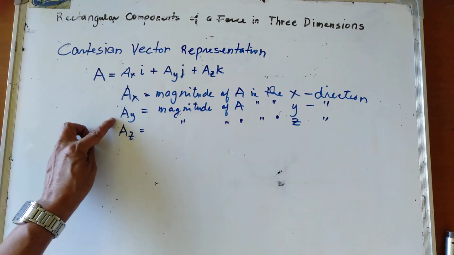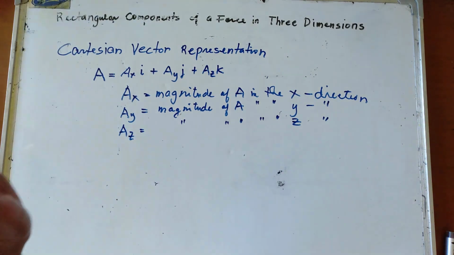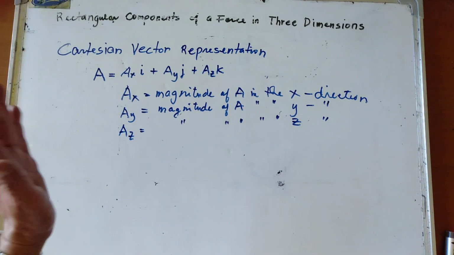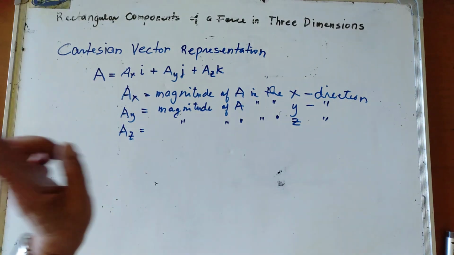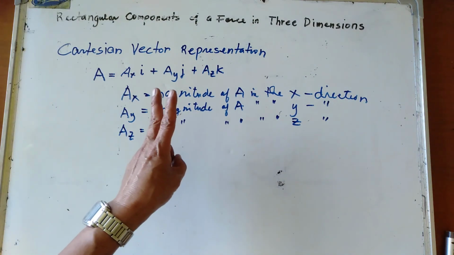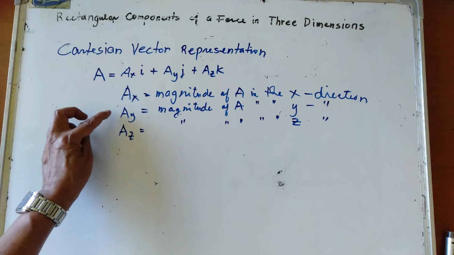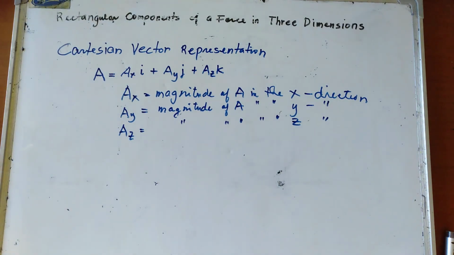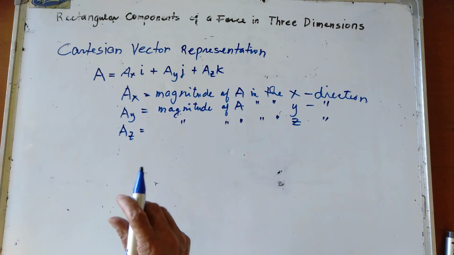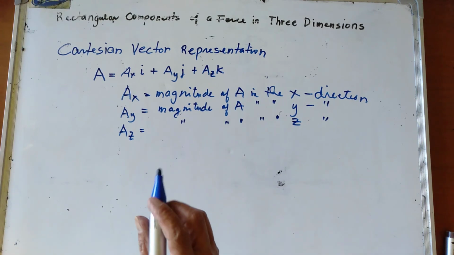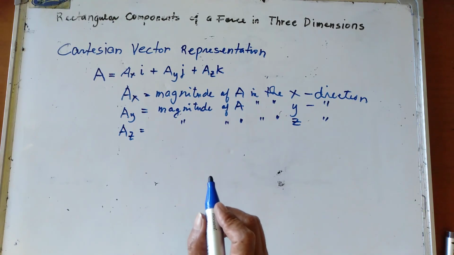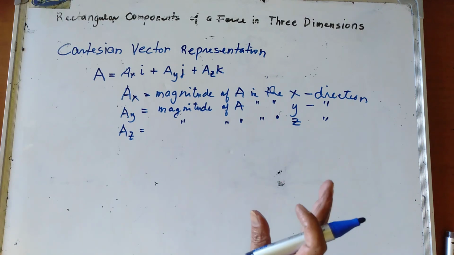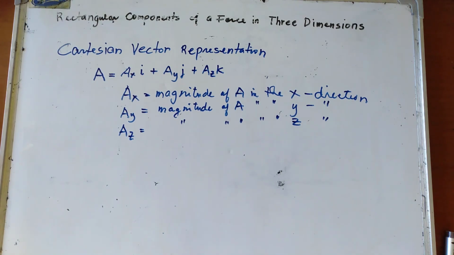Similarly, if the magnitude of the component of A in the y direction is multiplied by the unit vector j, it becomes a vector. Similarly, the component of A in the z direction, when multiplied by k, becomes a vector.